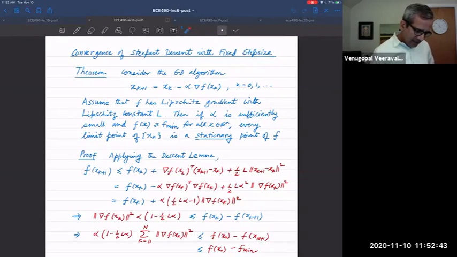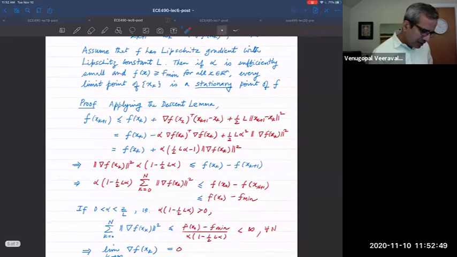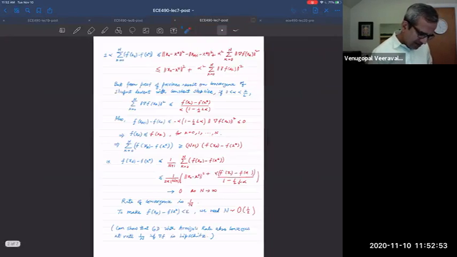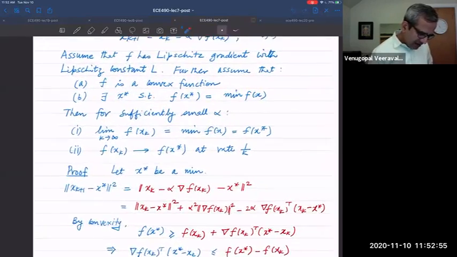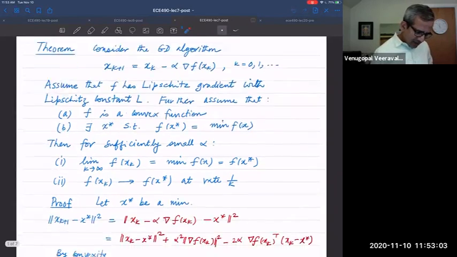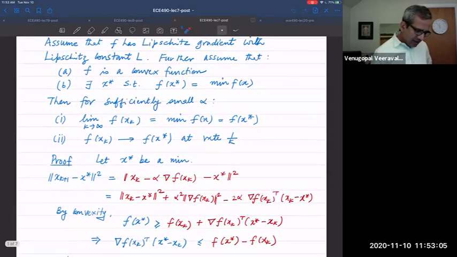In lecture 6 we didn't use convexity; it was lecture 7 that used convexity. There, f is a convex function and there exists an x star such that this holds. Then we showed that gradient descent converges to that x star at rate 1 over k.